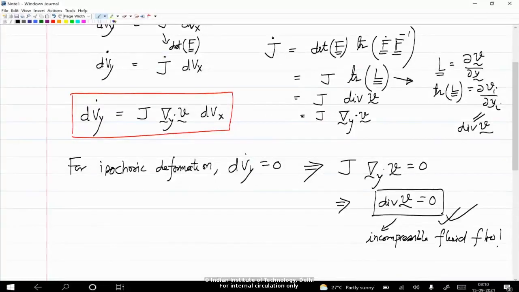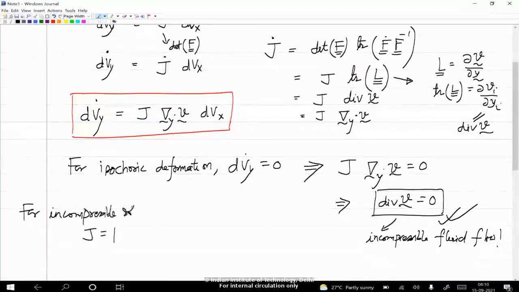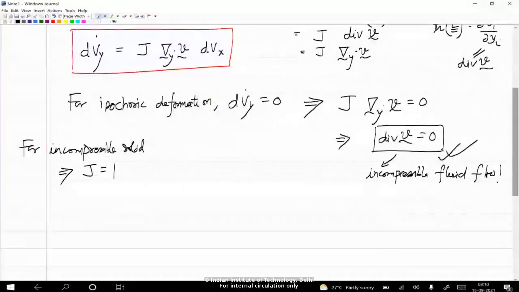For an incompressible solid, you have simply that J is equal to 1, right? Then only the volumes are not changing, J equal to 1. And as you take its time derivative, you will get the divergence of V equal to 0. Okay, I hope you are able to relate this with whatever understanding you have.